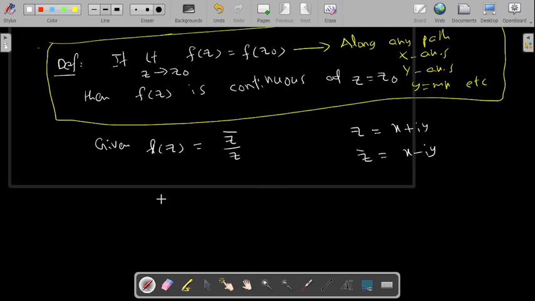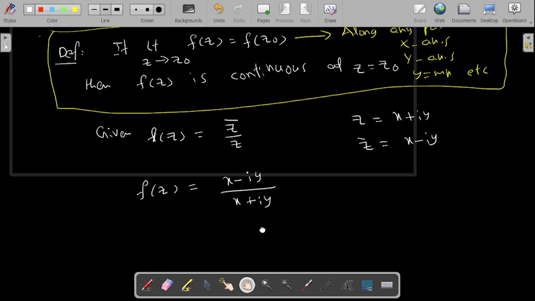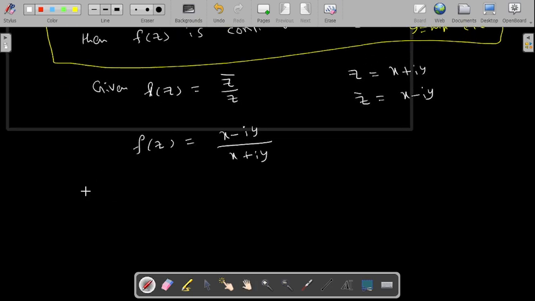So now f of z equal to x minus iy by x plus iy. So now case 1, along x-axis, that is y equal to 0.